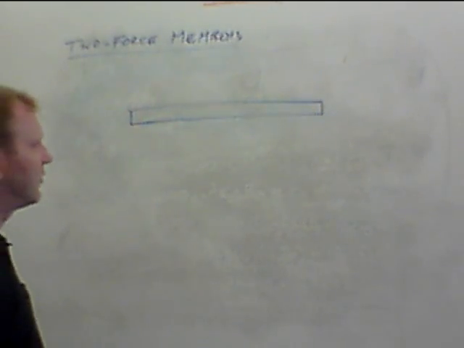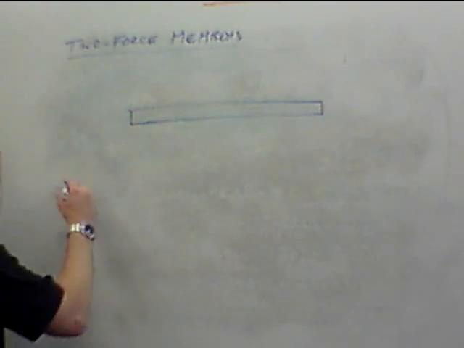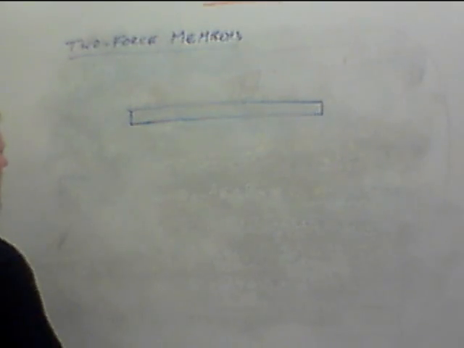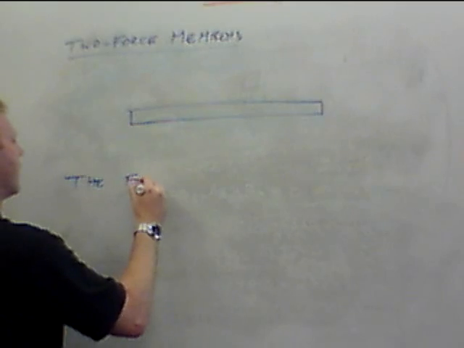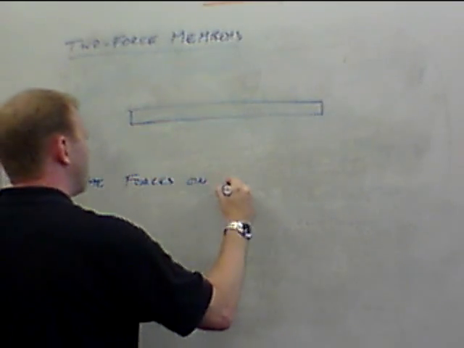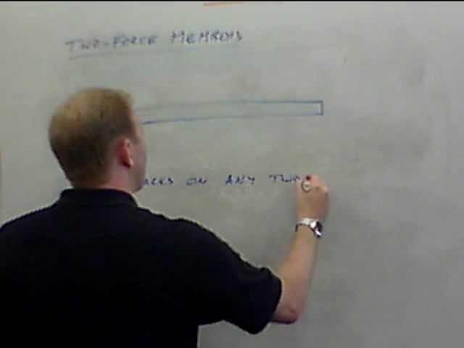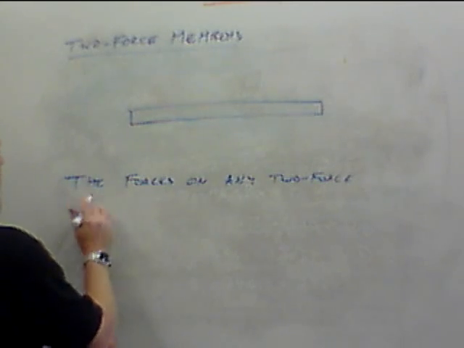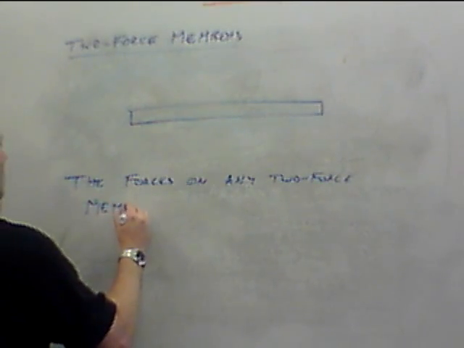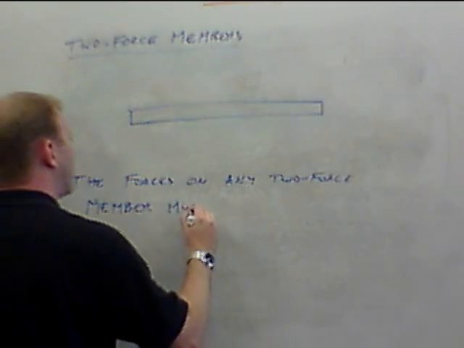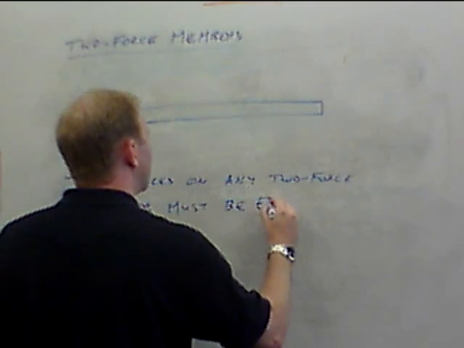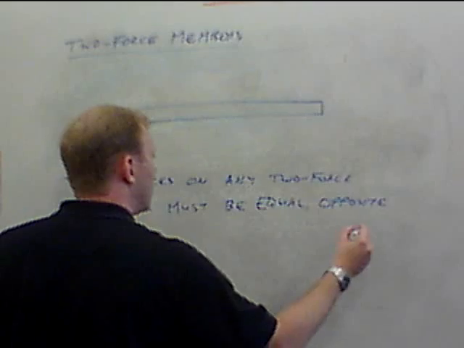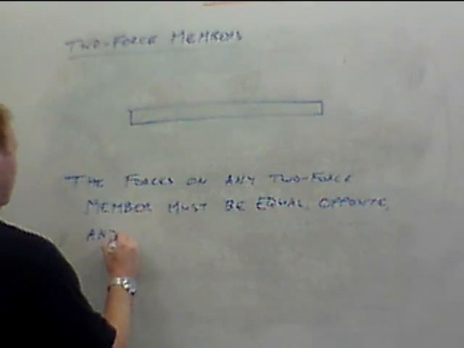If this thing only has two forces acting on it, the forces on any two-force member must be equal, opposite, and act on the same line.